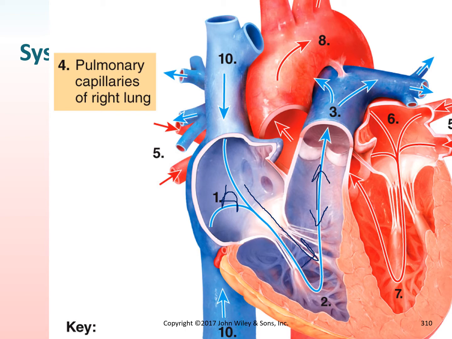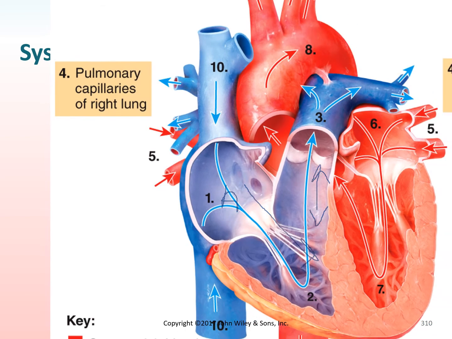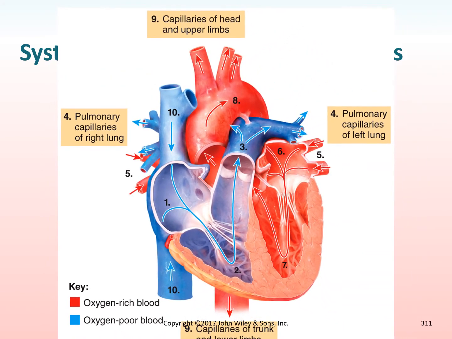The ventricles pump the blood out. From the lungs, the blood goes into the left atrium, left ventricle, and then out the aorta to the head, shoulders, to the body, to the legs.